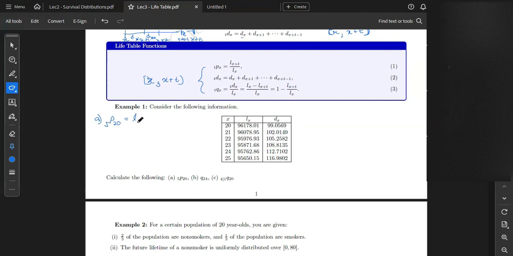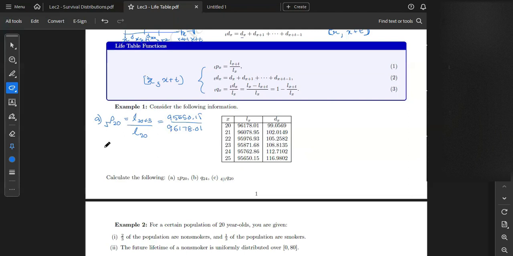So it's L(20+5) over L20. L25 is given here and L20 is also given, so we can get the probability directly.